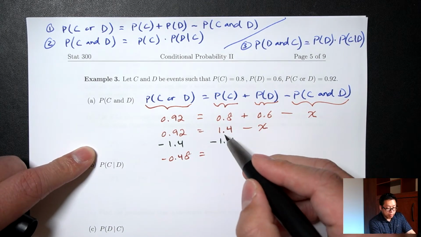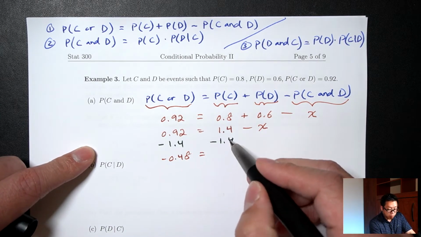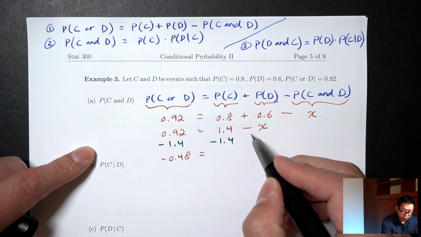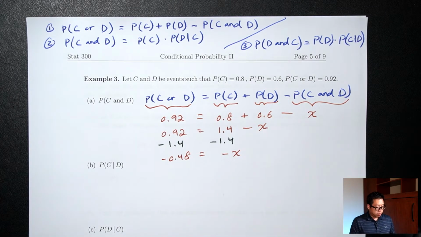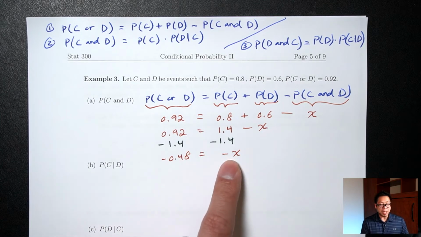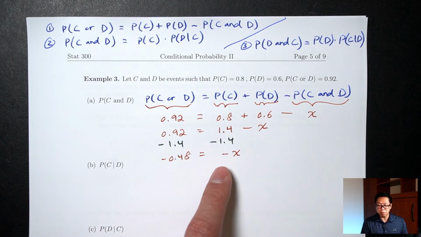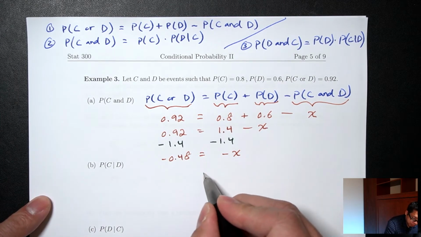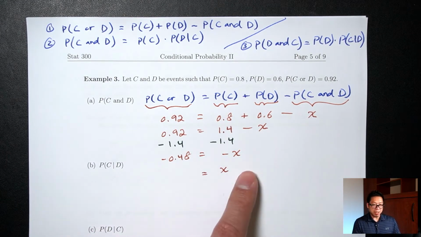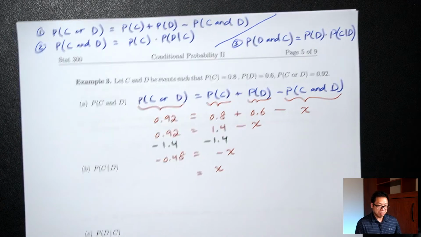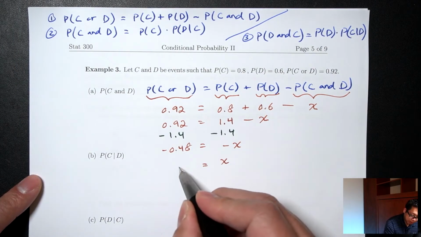Equals, on the right side, the 1.4 minus 1.4, those will cancel out, and then you're left with minus x. So negative 0.48 is negative x. I don't want negative x, I want regular x. So if negative 0.48 is negative x, then regular x is going to be 0.48.